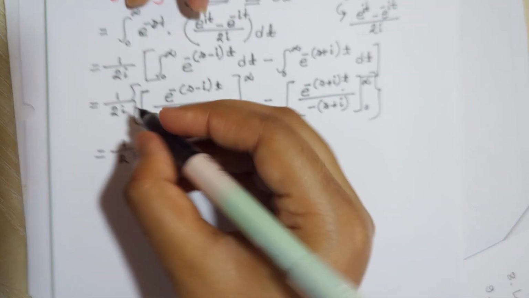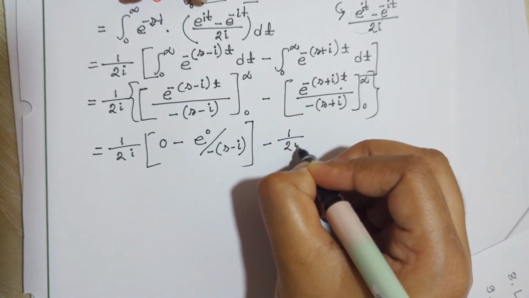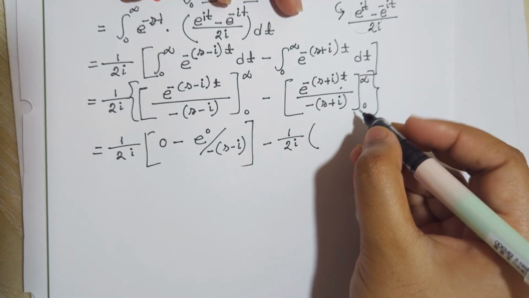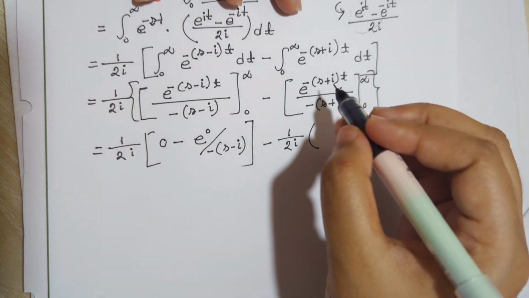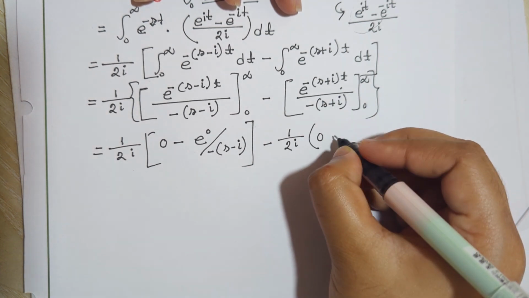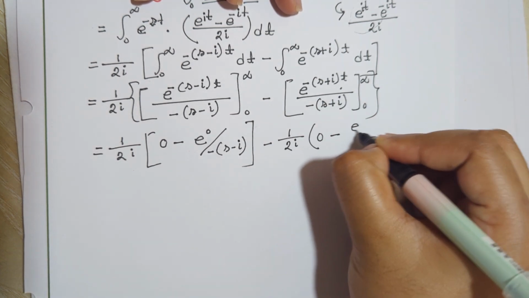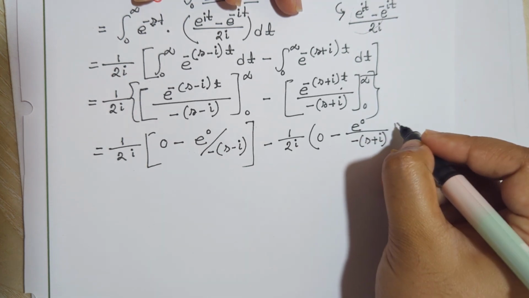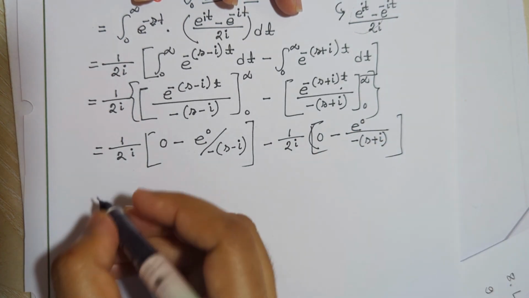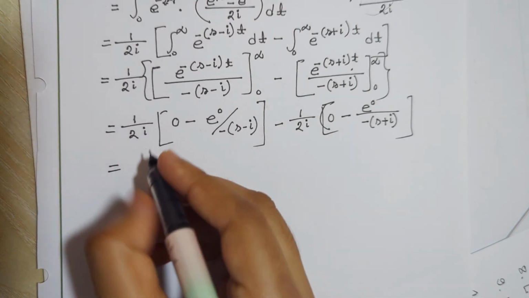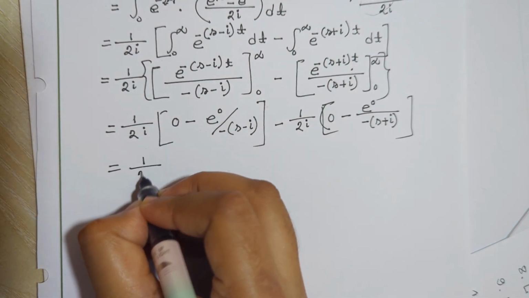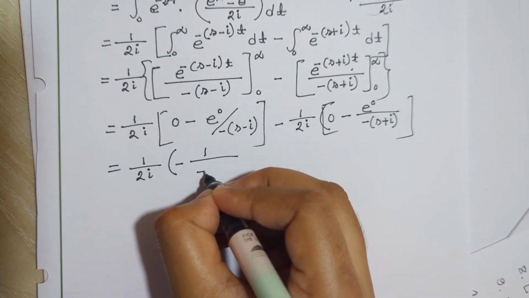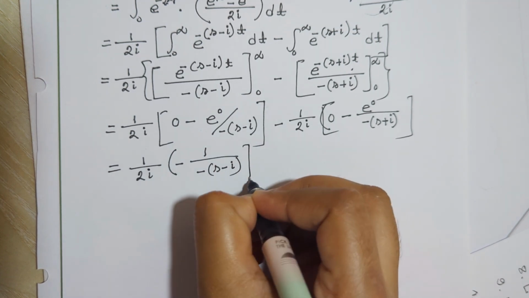Now for this term, we do the same, putting the limit inside this function. We get e to the power minus infinity here also, so our higher limit will be 0 and our lower limit will be e to the power 0 divided by minus s plus i. Now we will multiply with these terms. 0 means nothing, and this is into minus 1 divided by minus s minus i.